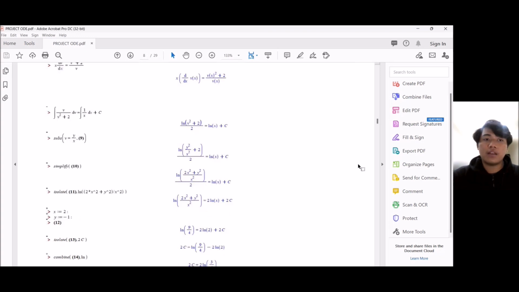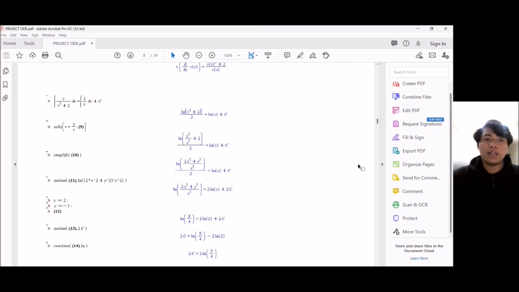And after I integrate both sides, which is dv and dx, it will be ln (v power of 2 plus 2) divided by 2 equal to ln x plus c. After that, I substitute the v with y over x.